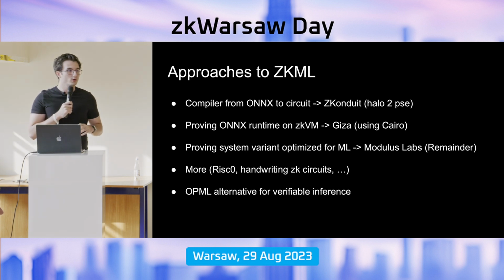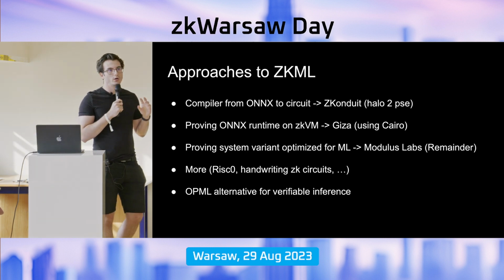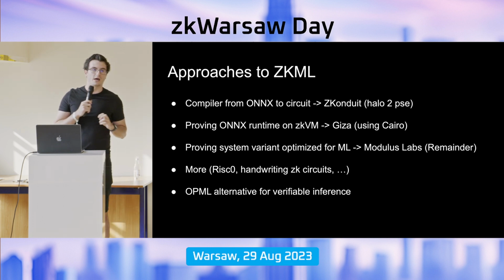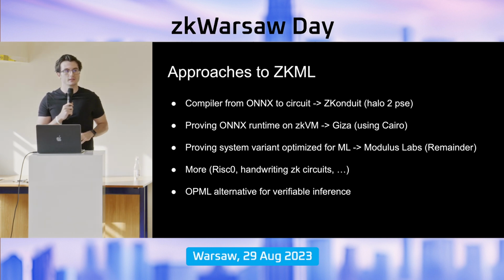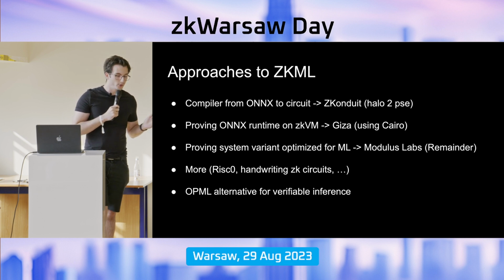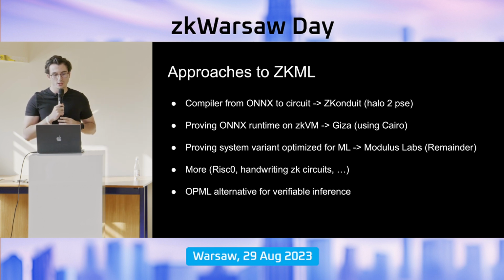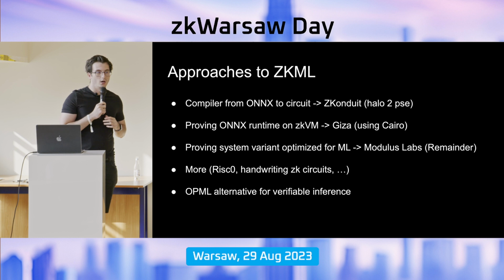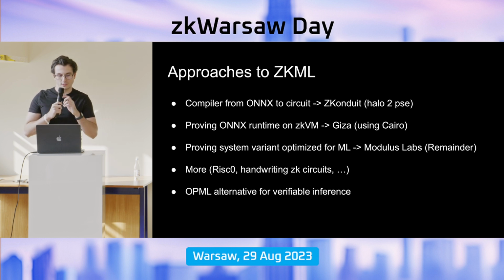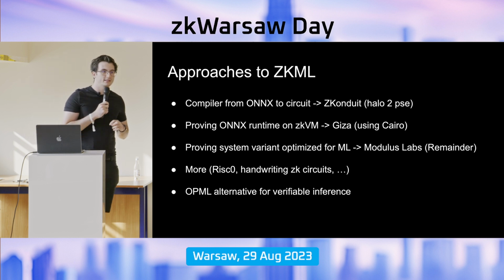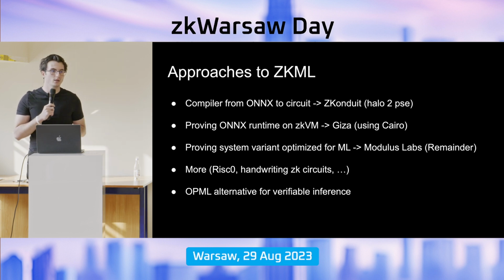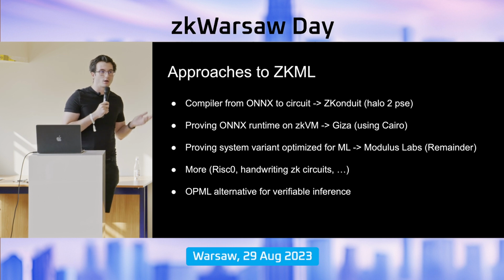Today I'm going to talk about the technical approaches that teams have taken in the zkML space. There are different approaches, and I list a few of them here. First, I'm going to introduce what the ONNX keyword is. It stands for Open Neural Network Exchange. It's essentially a format to represent machine learning computations.